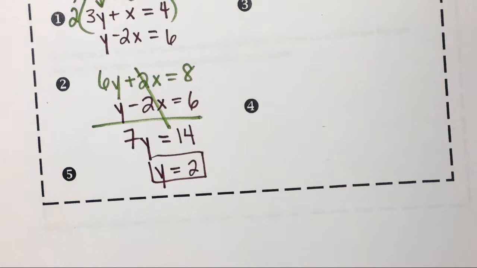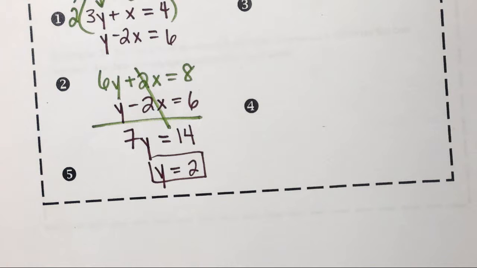Okay, so again, the first thing we did was line everyone up. We had the x's in a column, the y's in a column, the numbers in a column. And then we said we want to eliminate one of the variables. Maggie voted we eliminate the x, so that's why we multiplied everyone in the top equation by 2. And look, elimination happened. We eliminated someone.